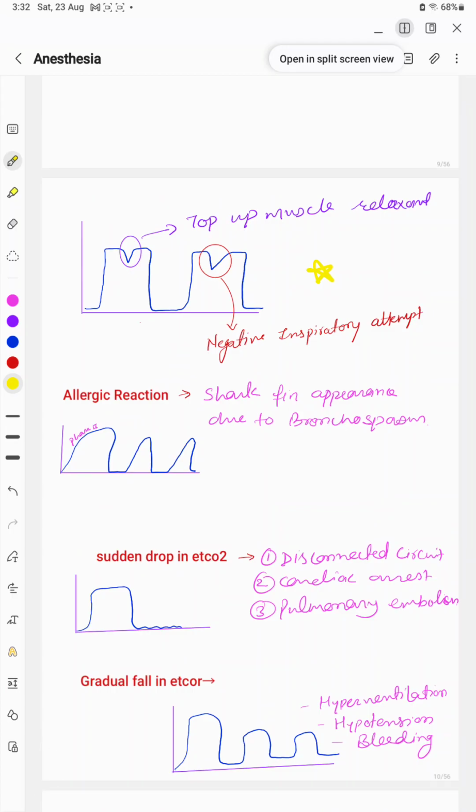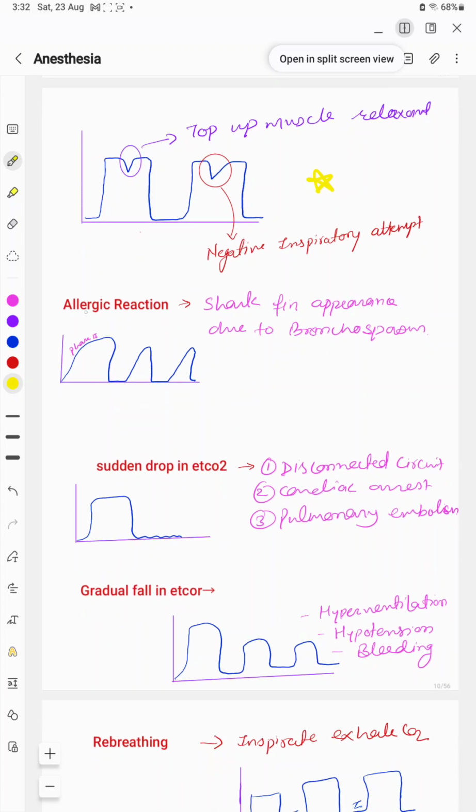This is negative inspiratory attempt. And allergic reaction, when you see allergic reaction, they show shark fin appearance due to bronchospasm. You can see shark fin appearance in phase 2. You can remember, allergy has double L, you can make it like this, phase 2.